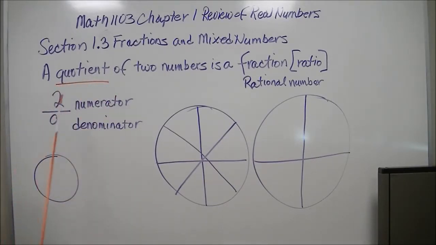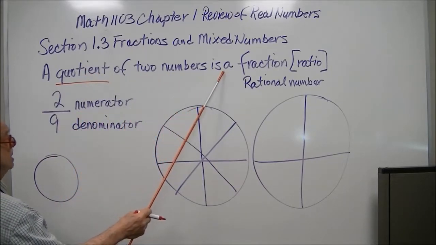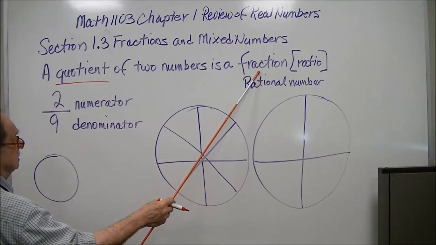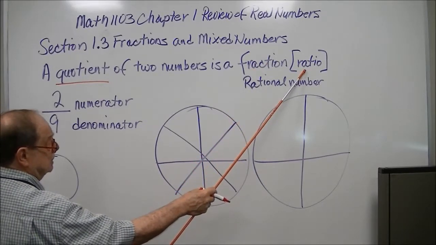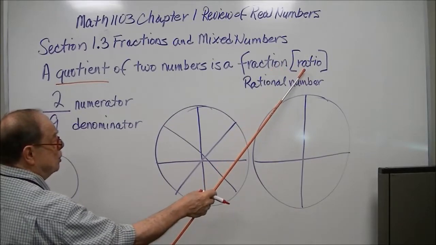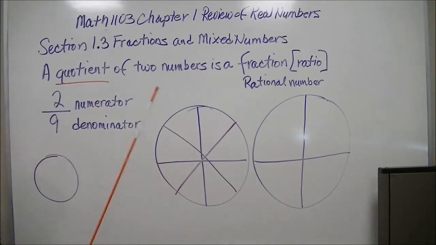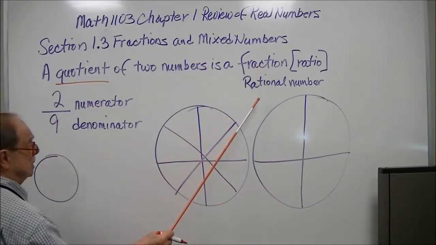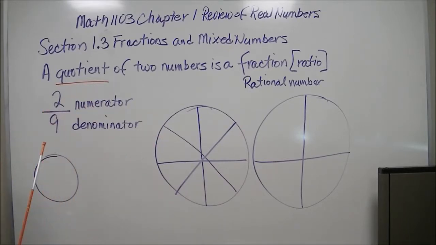The quotient of two numbers is written as a fraction. Often a synonym for fraction is a ratio. And often another synonym of fractions are the rational numbers, one of the sets we spoke of earlier.